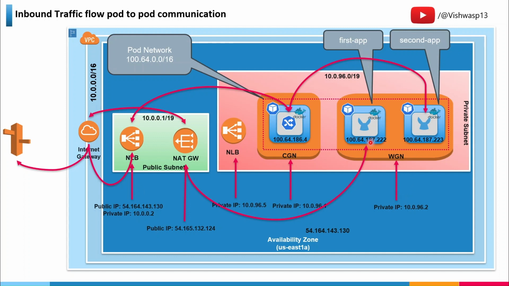Once it gets the private IP address, this flow will slightly change. Now it won't go to the public subnet anymore. Since the network load balancer's private IP address belongs to the same subnet, it will directly reach out to the network load balancer. From the network load balancer, it will reach out to the ingress, and from the ingress, it will reach out to the Mule application pod, right? So this was the second approach.